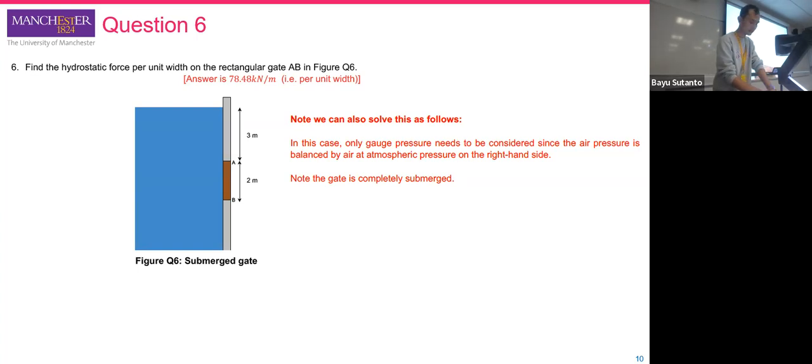On the right, we also have force coming from the atmosphere. The direction is always perpendicular, always towards our surface. To simplify the balance, we have one from the left and one from the right, so we can cancel the atmospheric pressure and only need to calculate the hydrostatic pressure.